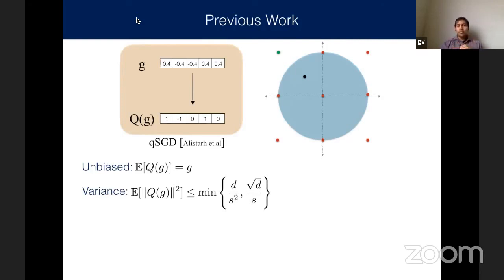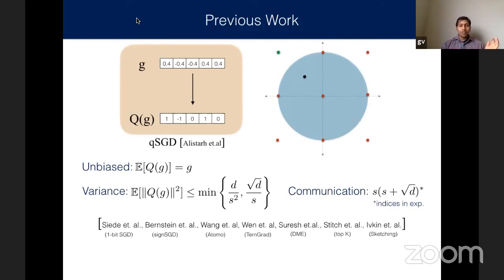They have a variance that goes from square root d all the way down to just a constant, with communication that increases from square root d all the way up to d indices in expectation. So as the communication increases, the variance decreases. That is what we know should happen.